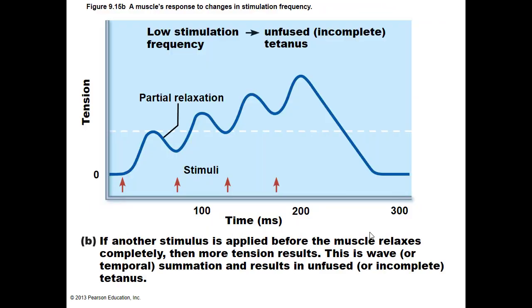Now, this is why it's called wave summation: here's your stimulus, there's the contraction, but before you allow it to relax, there's another electrical stimulus, and the tension on that muscle is even higher. Before it relaxes, you send another electrical stimulus until you reach the maximum tension that your muscle can do. So it's that wave.